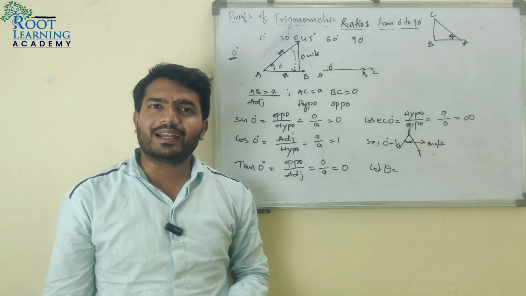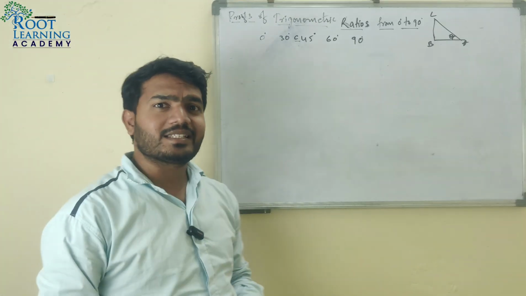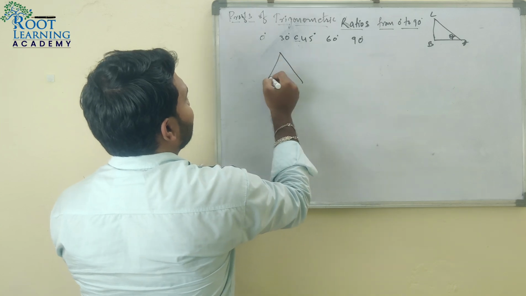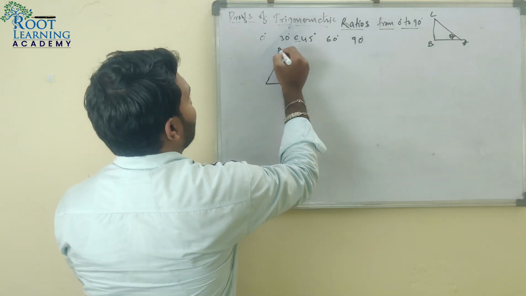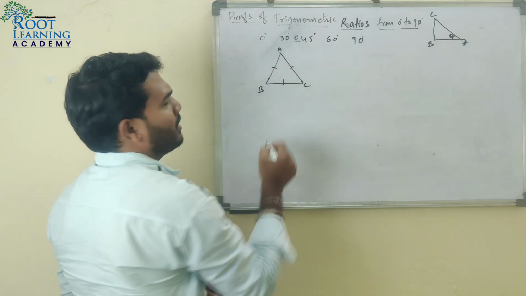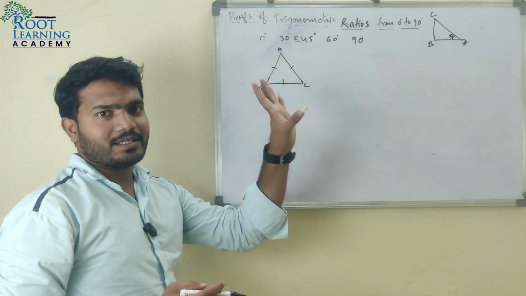Now let's go for 30 degrees and 60 degrees. For 30 degrees and 60 degrees, I consider an equilateral triangle. Let's say triangle ABC. This is an equilateral triangle, and obviously we know the concept that in an equilateral triangle all the sides are the same.